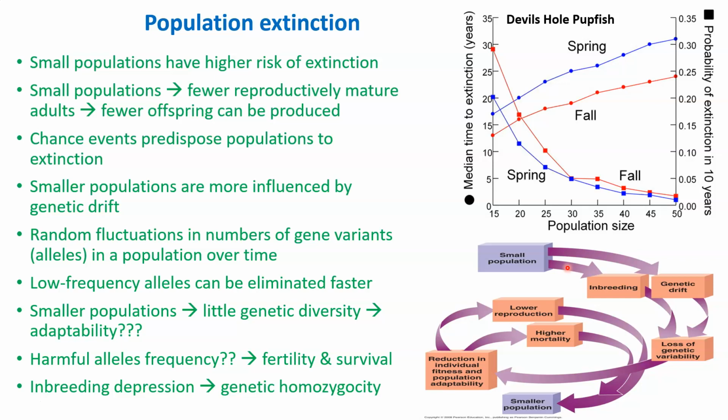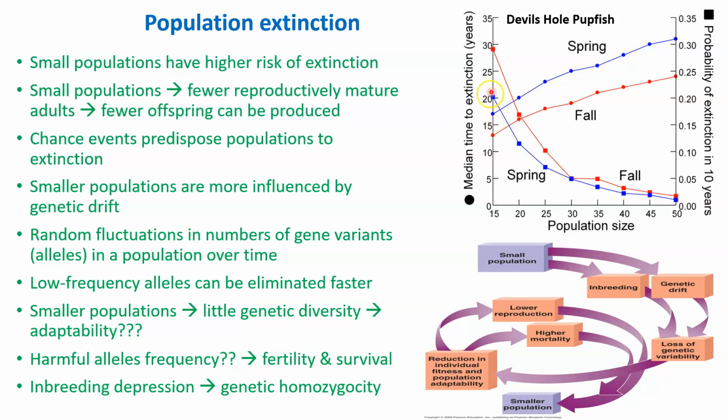One is median time to extinction, meaning how long it will take for that particular population to become extinct in terms of years. On the other y-axis, you are looking at probability of extinction in 10 years, meaning what is the chance of a particular population going extinct within the next decade. So median time to extinction is inversely proportional to the probability of extinction within the next decade.